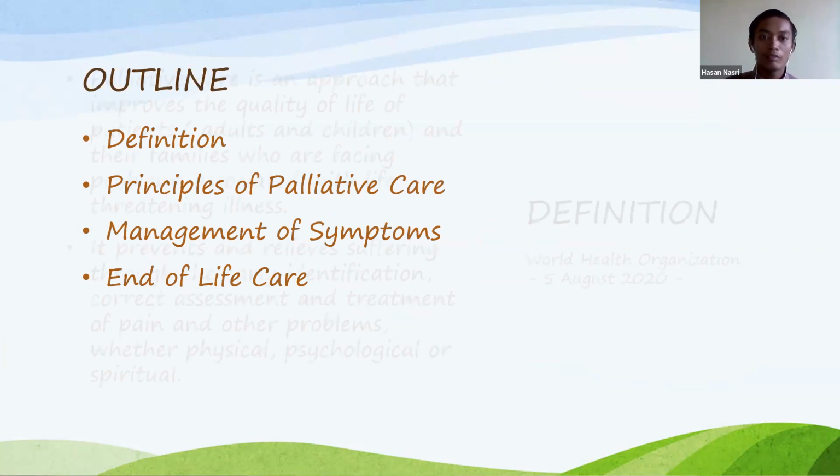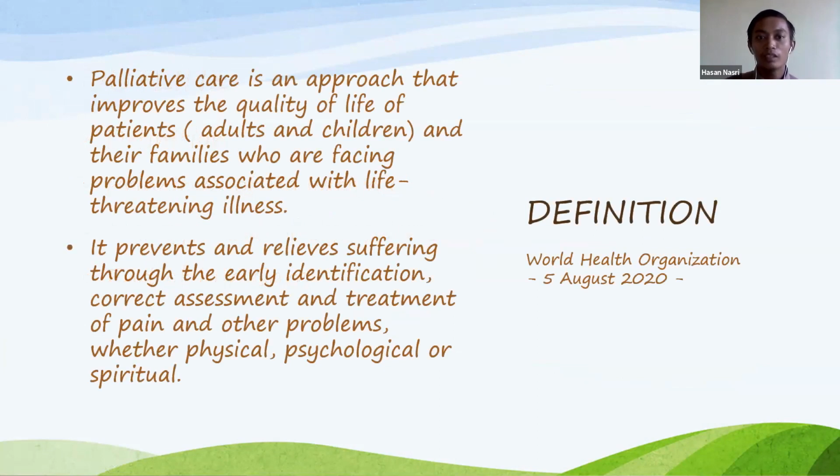First, the definition. Palliative care is an approach that improves the quality of life of patients, either adults or children, and their families who are facing problems associated with life-threatening illnesses, which means we help both the patients and their families or caregivers facing the death of the patients.